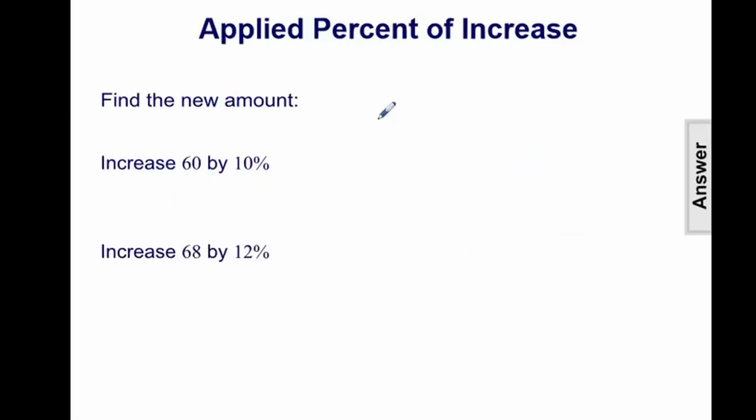So here we have increase 60 by 10%. The first method tells us to find 10% of 60. So we'll have 60 times 0.1 for 10%, which is going to be 6. And then we're going to add 6 to 60, the original cost, for a new cost of 66.